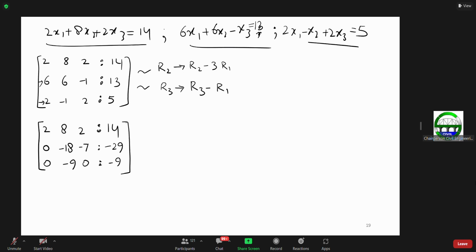Okay, now in our next step, I have to make this one and this one 0. How am I going to do this?